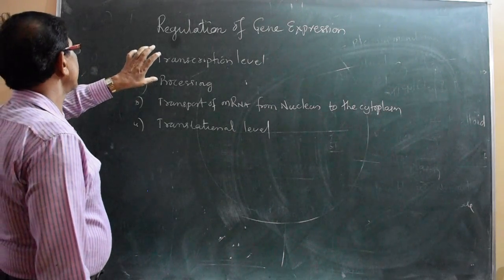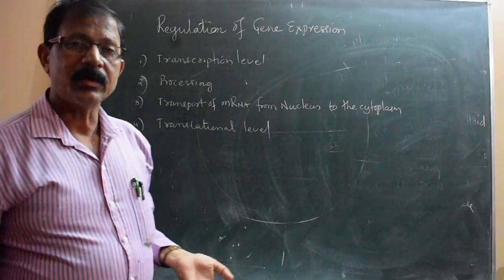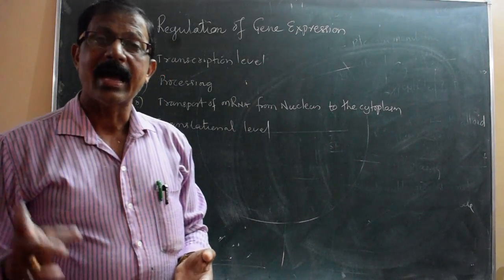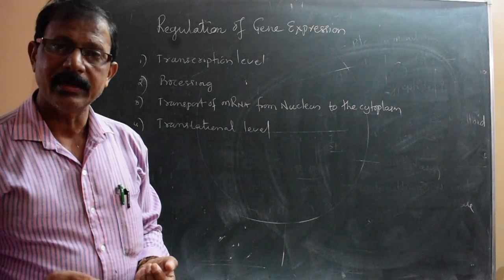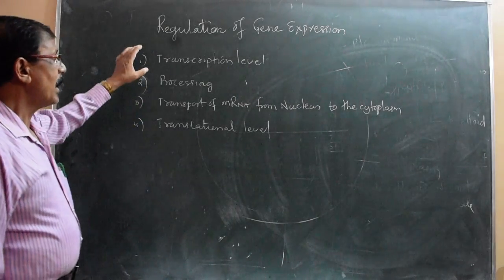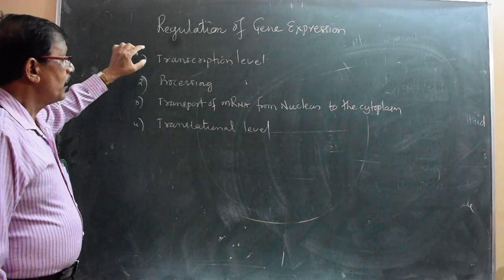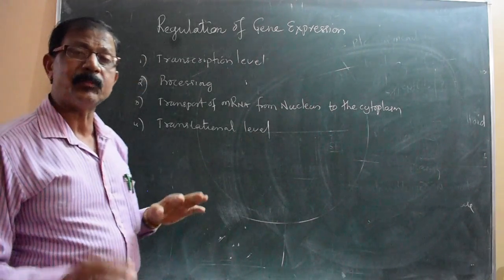Transcription is the process of formation of RNAs from the DNA, particularly the mRNA, rRNA and tRNA, which you already studied. Once transcription has taken place, processing takes place. What is that processing level?